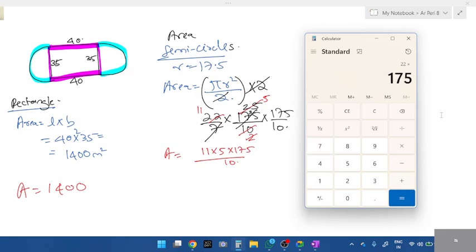Yeah, I'll explain. First, let's check the answer, students. 22 into 175. What's the area? Is it 9625?